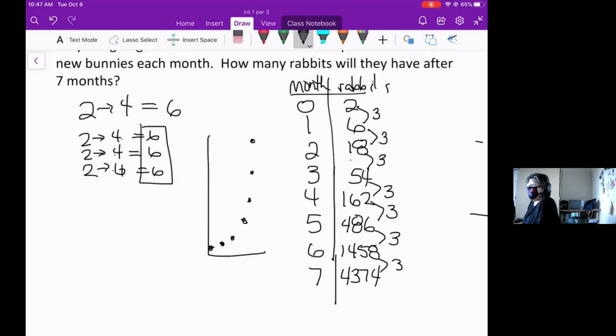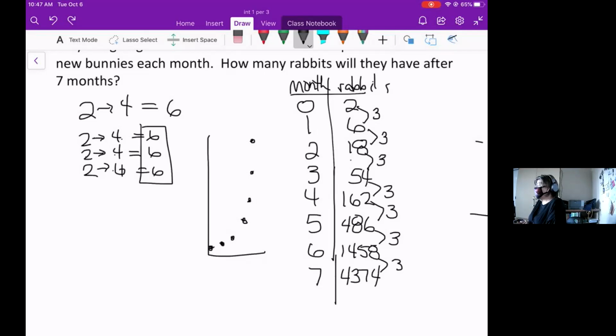Because can you have a half a rabbit? No. Can you have a half a person? No. When you connect the dots or connect the points, that means you are having partials of something. I could have a 1.2 or I could have a 3.4, something like that. Those are measurements.